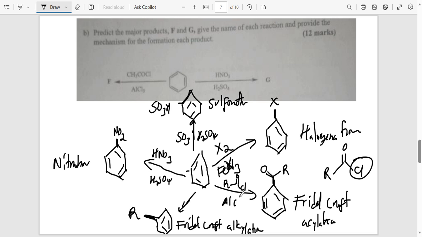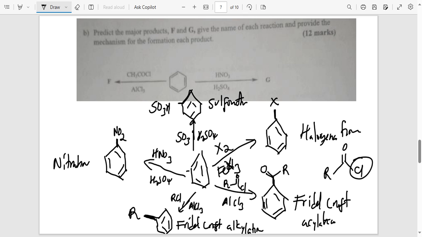You always use aluminum chloride here. And then for alkylation, you have got an alkyl R with a Cl. And then it is also having aluminum chloride. So these are the reactions that you need to know about benzenes: sulfonation, halogenation, Friedel-Crafts acylation, Friedel-Crafts alkylation, nitration. Please take note of the products that you expect at the end.